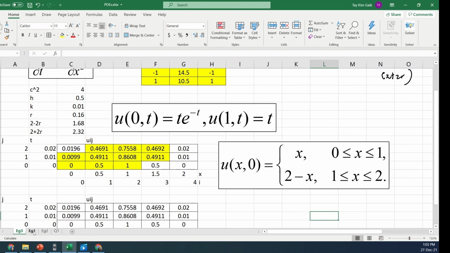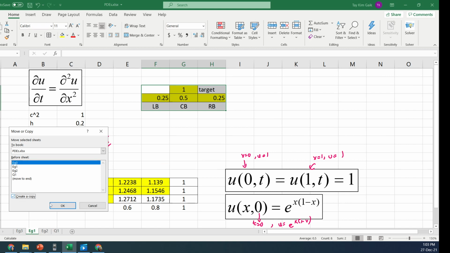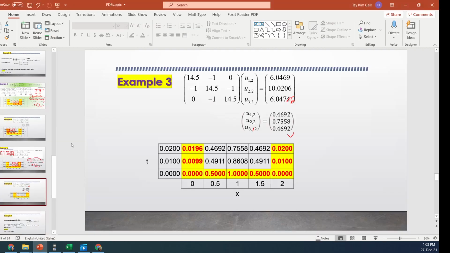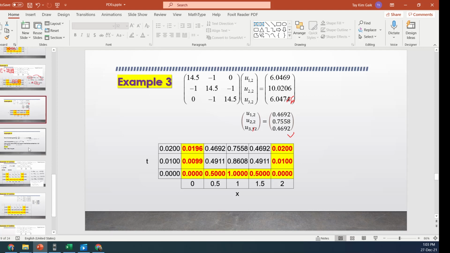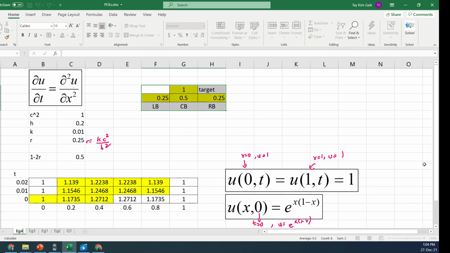And then let's say from this example, I move and make a copy. This is the fourth example, it should be example 4 here. Del u del t equal to del 2u del x2.